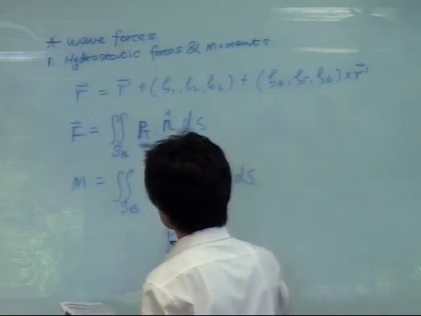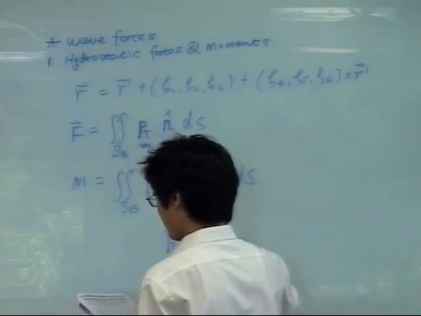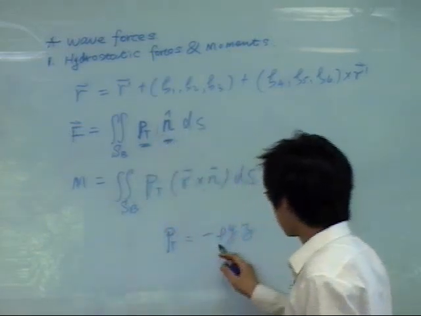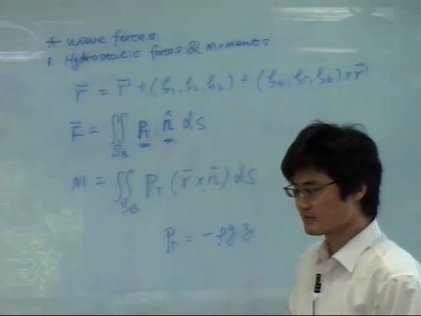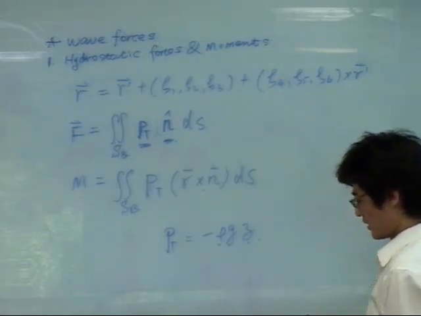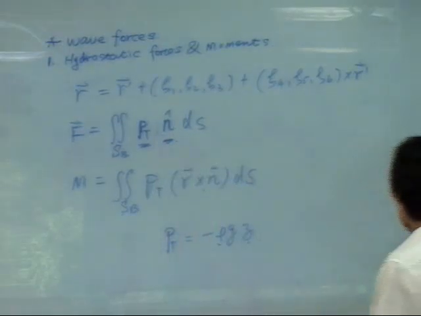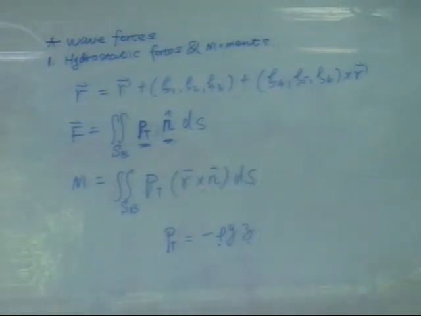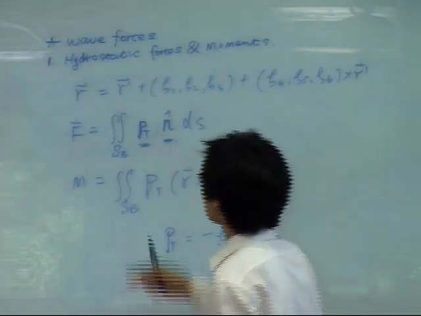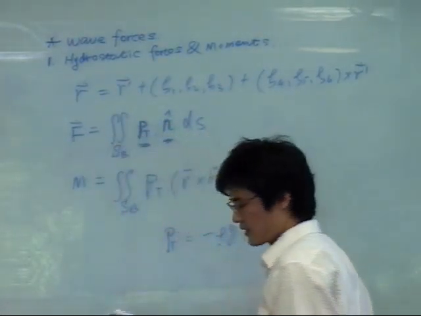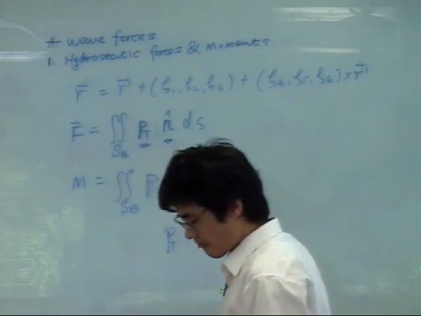Pressure is nothing else but rho g z, right? So that's the pressure from water. If you plug in these things, you can easily find the hydrostatic pressure, hydrostatic force and moments.